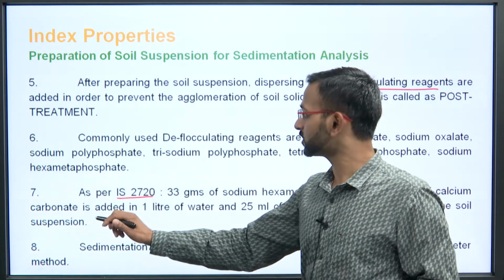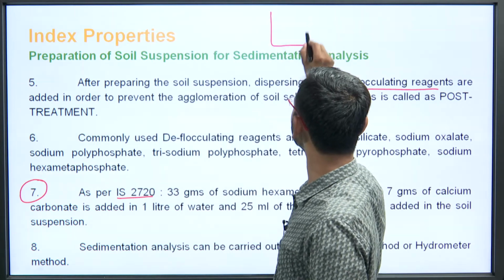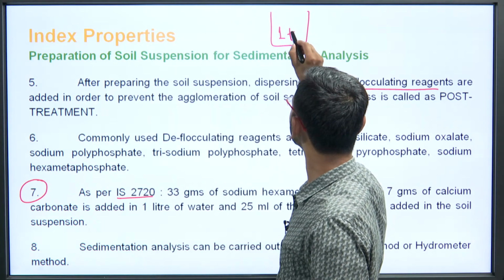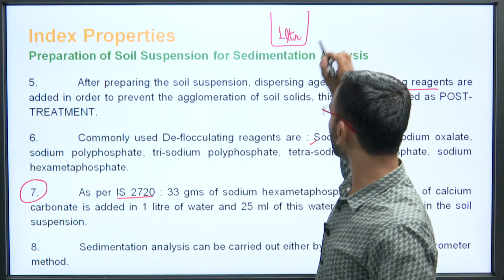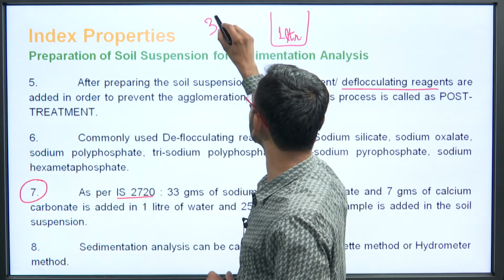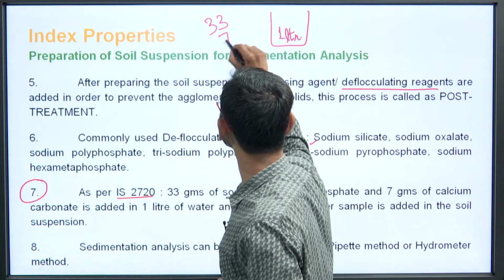So, understand this point, what happens here, that we take 1 liter of water, and what do we do? 33 grams of sodium hexametaphosphate, and 7 grams of calcium carbonate.